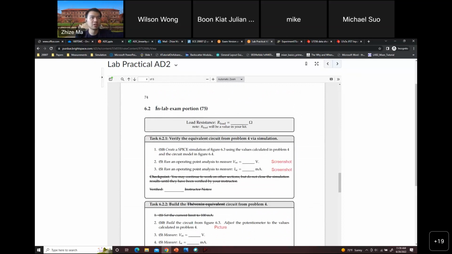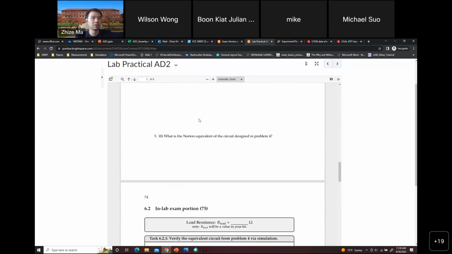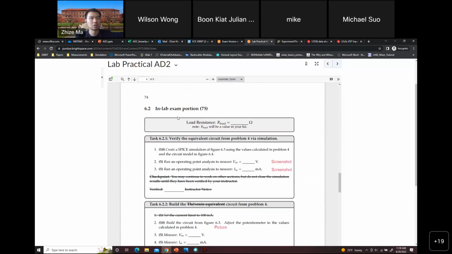For this part, you have 2 hours to finish it. After you submit the take-home portion, the time starts to count. You have 2 hours to finish the in-lab portion.